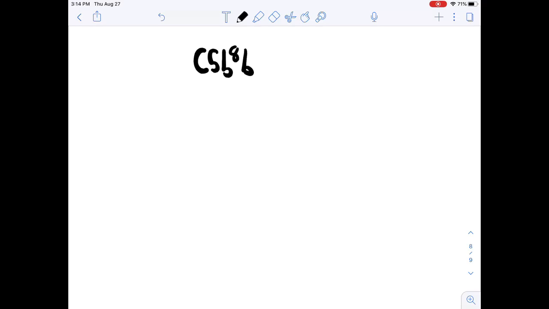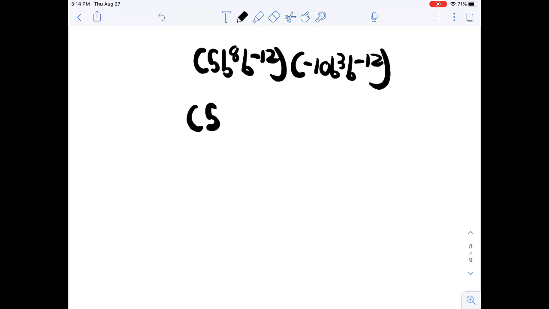Five times b to the power of 8 times b to the power of negative 12, multiplied by negative 10 times b to the power of 3 times b to the power of negative 12. So let's deal with each of these brackets first and simplify them before proceeding. So let's deal with this first bracket.